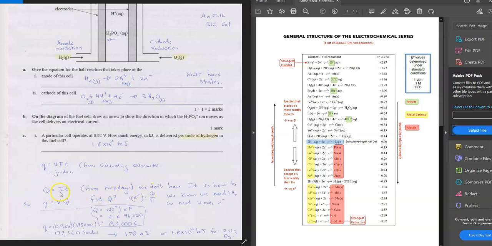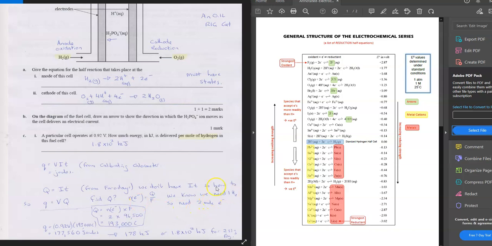So how do we get Q if we don't have current and time? Once you get Q, you normally work out the number of moles of electrons on 96,500. We know that we're getting 1 mole of hydrogen, so normally when we're doing Faraday's, if we're going from the amount of chemical back to the number of moles of electrons, we can use a ratio.